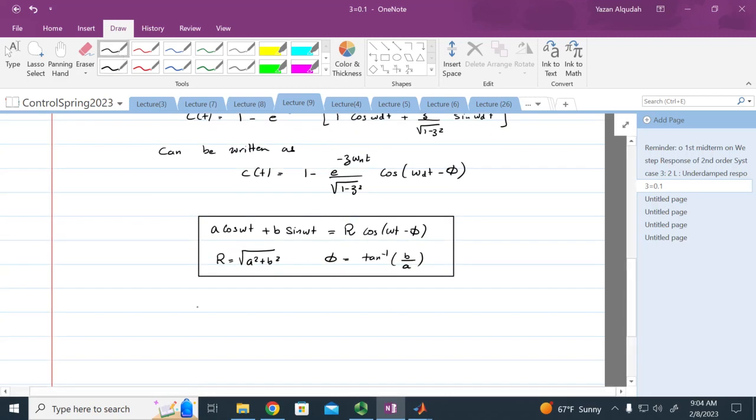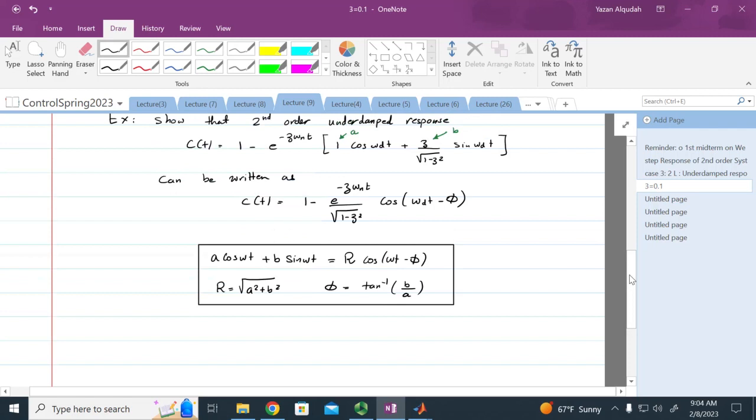Okay, so r is going to equal the square root of a squared plus b squared, which is going to equal the square root of 1 plus zeta over square root of 1 minus zeta squared, all squared, which is going to equal the square root of 1 plus zeta squared over 1 minus zeta squared.